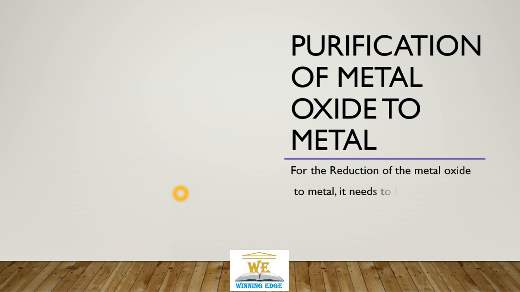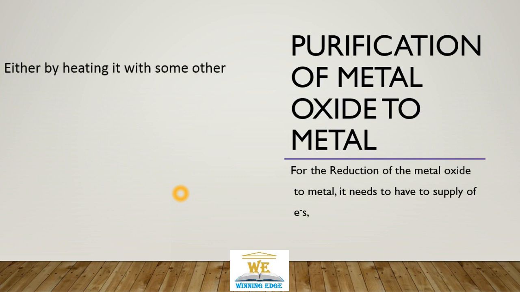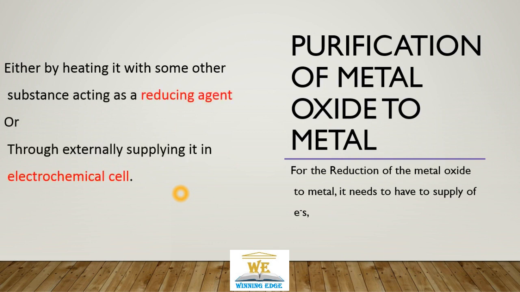Reduction of metal oxides to metal requires a supply of electrons, because metal oxides are in a cationic or oxidized form. For their reduction to pure metal, electrons are required from a reducing agent. That's one option. Or we have to supply electrons externally in an electrochemical cell.